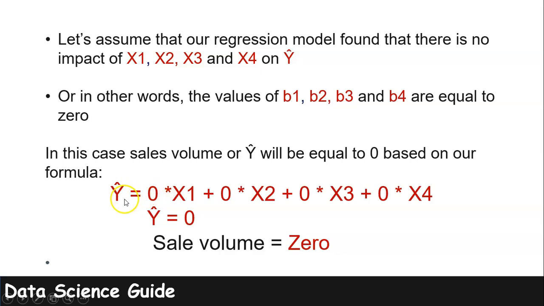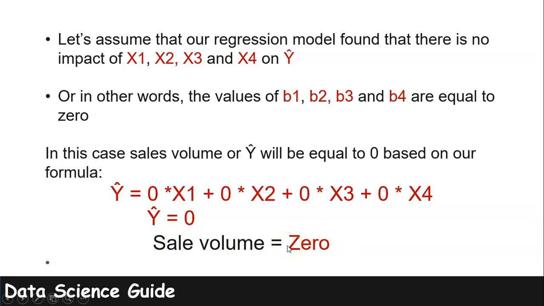When we plug in the coefficients, which is 0 multiplied by x1 plus 0 multiplied by x2 plus 0 multiplied by x3 plus 0 times x4, we will get Y hat, the estimated value, equal to 0. So in other words, sales volume is equal to 0.